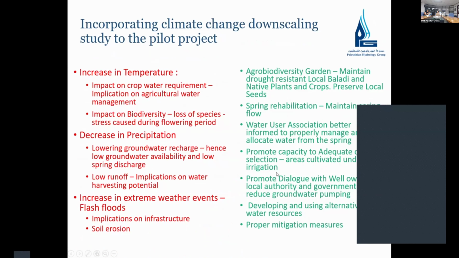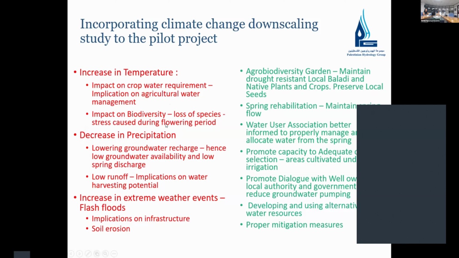What we are doing in the pilot, and how our pilot will incorporate the climate data and the climate downscaling: the increase in temperature means that it will have an impact on crop water requirement. It will have implications for agricultural water management. It will impact biodiversity, with the loss of species, especially during the flowering period, when there is no water and it is very hot.